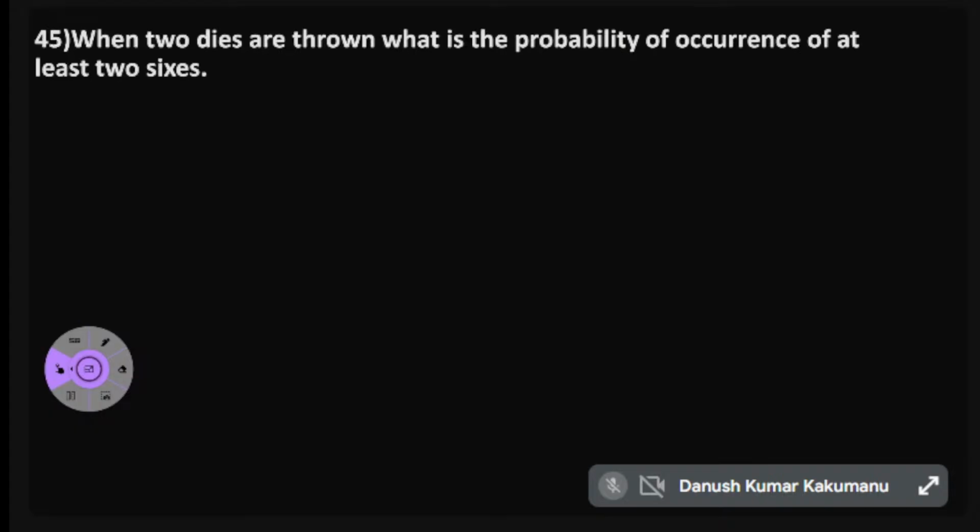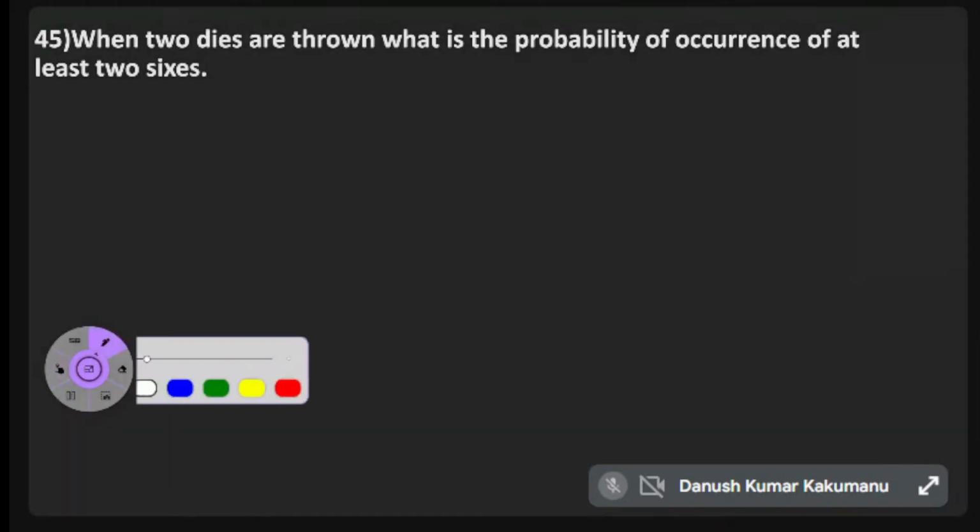When two dice are thrown, what is the probability of occurrence of... this is not two dice, four dice. When four dice are thrown, what is the probability of occurrence of at least two sixes?